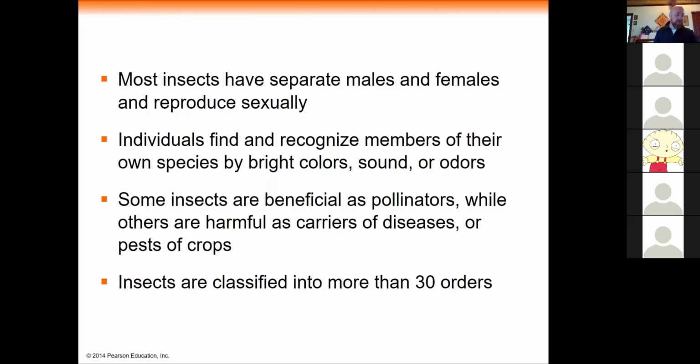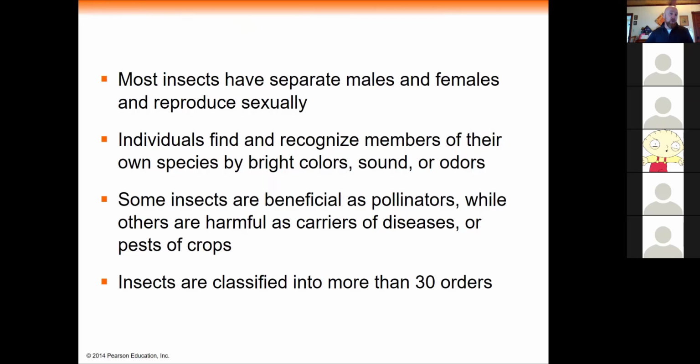Okay, so we'll finish up insects, and that'll be it for today. So the insects have separate male and female sexes. They have all sorts of different reproductive rituals, bright colors, sounds. The reason the cicadas make such a racket is because they're attracting mates.